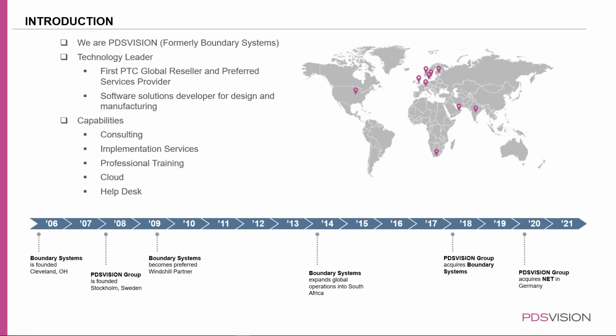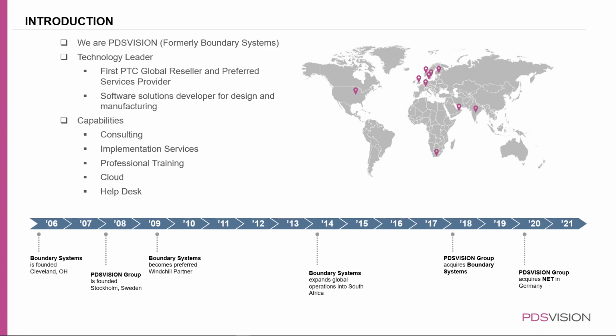So we have locations in the Middle East, in South Africa, and of course in Europe. So we're all over the place. We are a software solutions developer for design and manufacturing. Our capabilities include consulting, implementation services, professional training, cloud services, and of course our help desk.